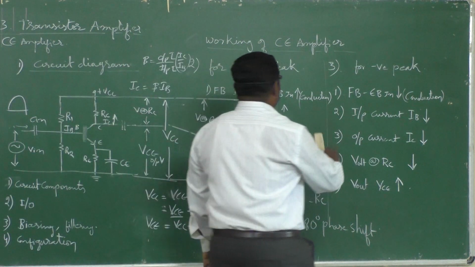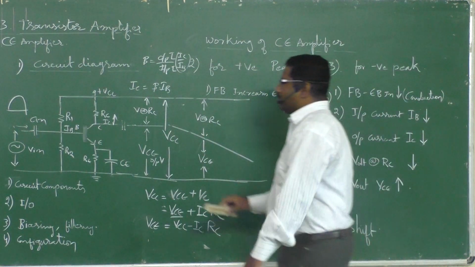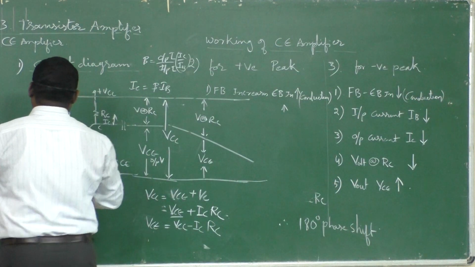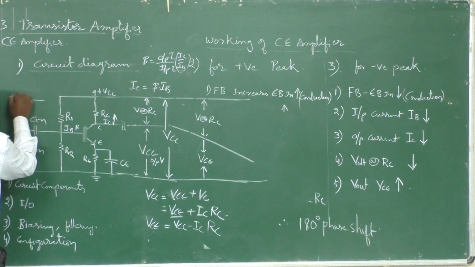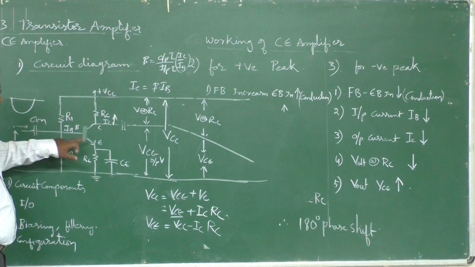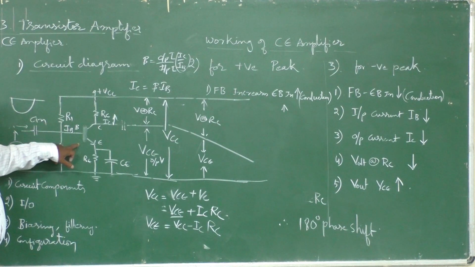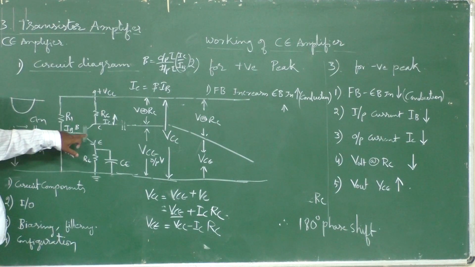Okay, and similarly we can see what happens when the input signal is not positive, when the input signal is a negative signal. At that time what happens? For the positive, it is forward biased, and for a negative going signal, the conduction will decrease.